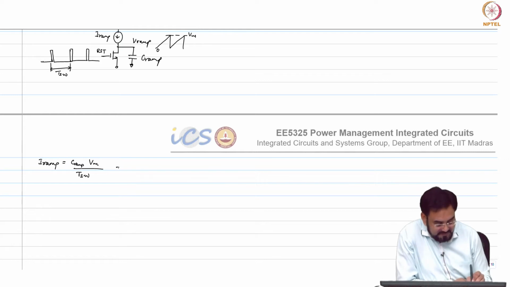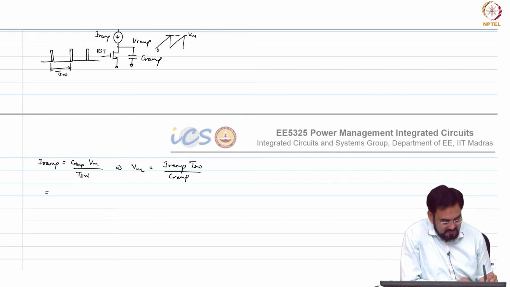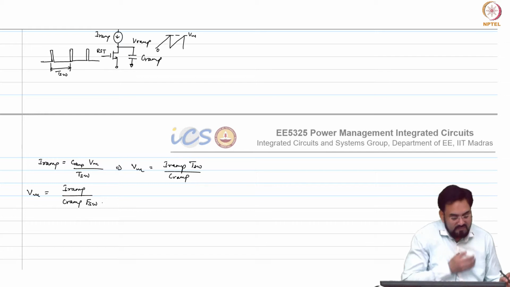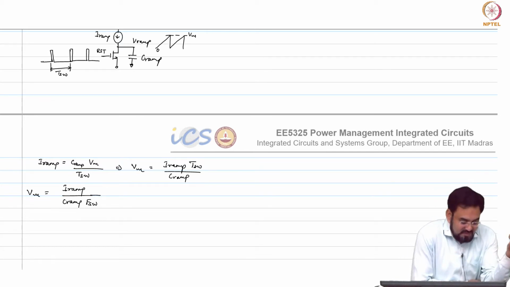Correct? IRAM TSW over CRAM, or you can write IRAM into FSW. Correct? So CRAM and IRAM ratio will control your VM.